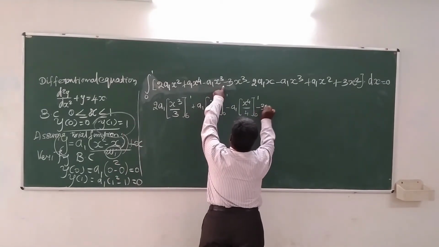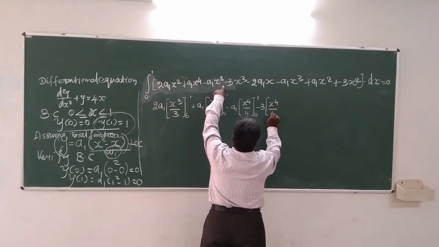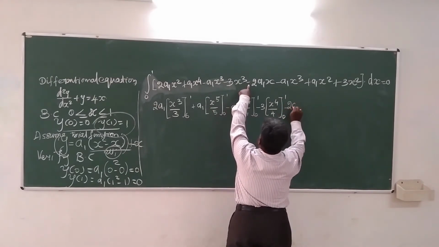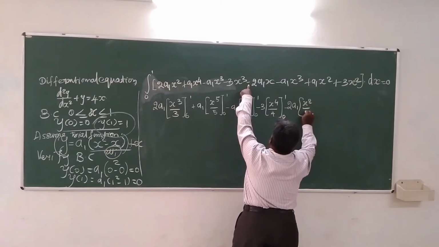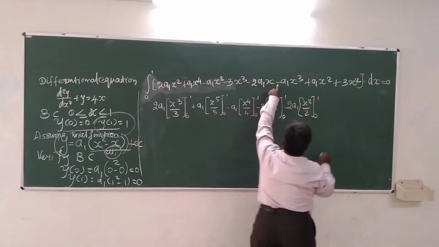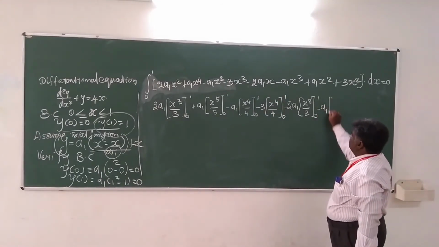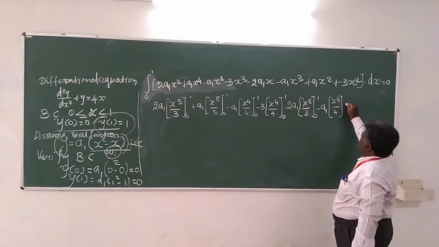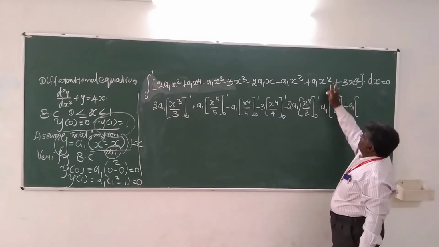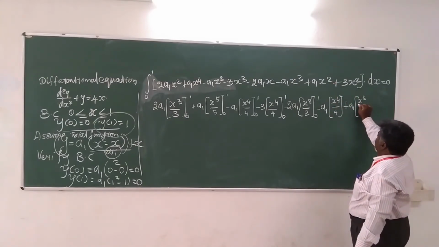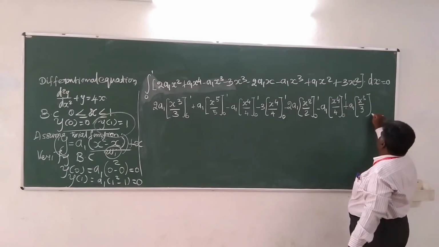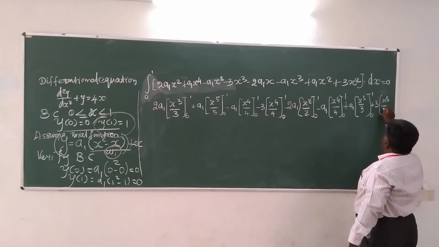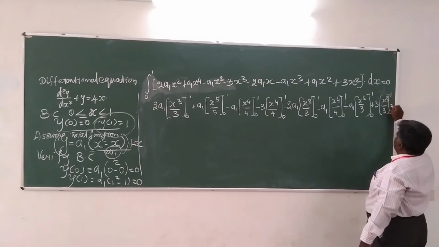So minus 3 x power 4 divided by 4, apply 0 to 1, minus 2 a1 x square divided by 2, 0 to 1, minus a1 x power 4 divided by 4, plus a1 x cube divided by 3, limit value 0 to 1, plus 3 x cube divided by 3, 0 to 1, equal to 0.